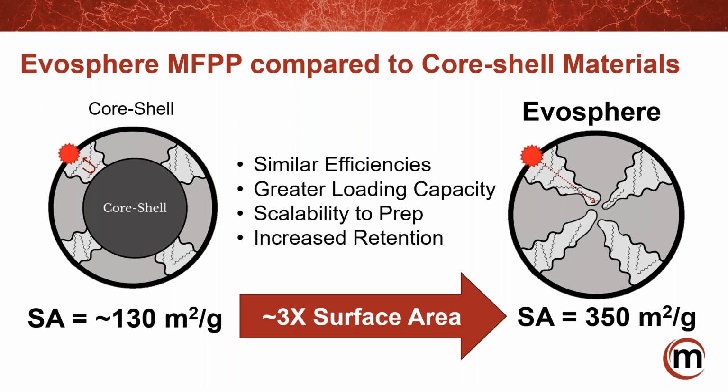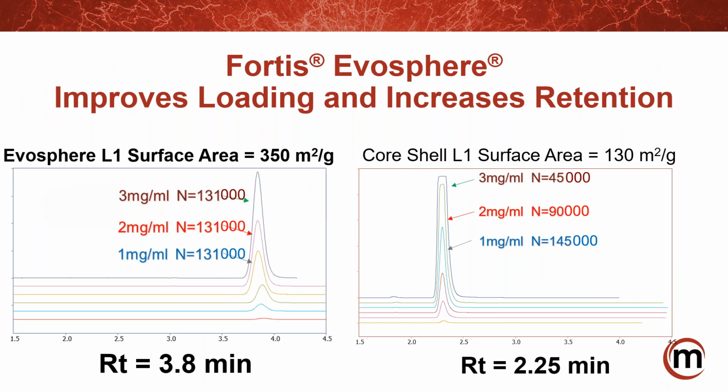Well, the second innovation here is really how we're maintaining the surface area of the material. The superficially porous technology, on average, in a 2.7 or 3 micron material, is about 130 meters squared per gram. The Evosphere material is 350 meters squared per gram. So what that means is, you can load more onto the column and not have distorted peak shapes.